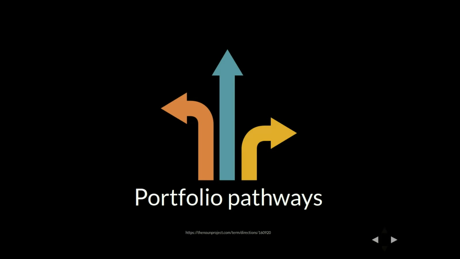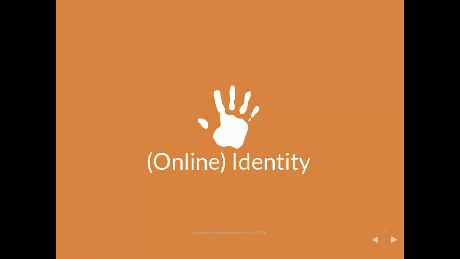So let's actually take a look at some of the examples. One way of using an e-portfolio is for having an online identity. These days that's becoming more and more important, and I bet a lot of you already have a scattered online identity all over the place, namely Facebook, Twitter, LinkedIn, other professional online networks.